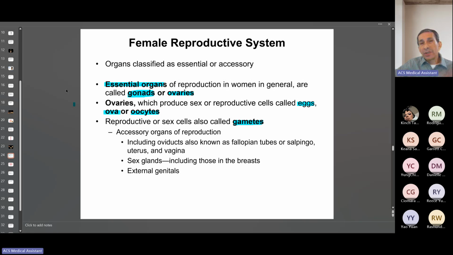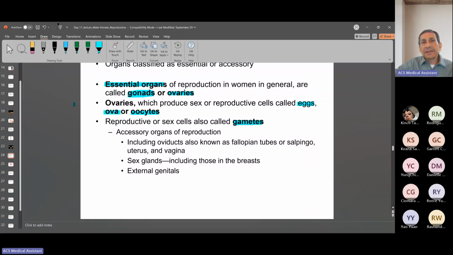So just as we discussed the male's essential organs, we also have accessory organs for the female. So we have the essential male and female organs. We also have the accessory male organs and the accessory female organs. Now, organs of reproduction, of course. So let's talk about these accessory organs for females.